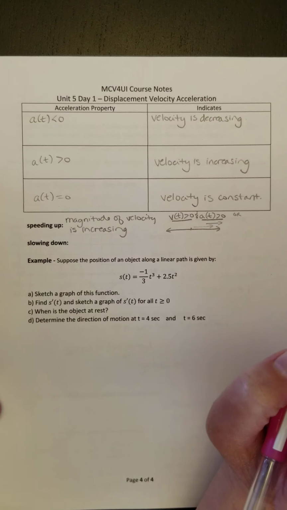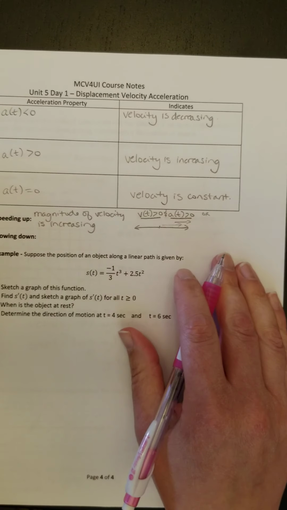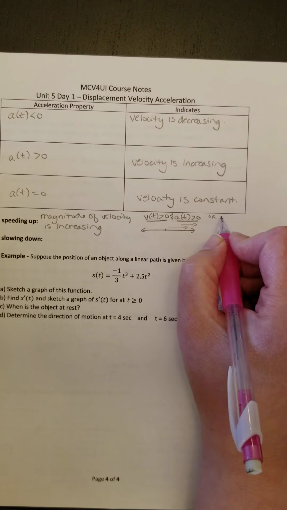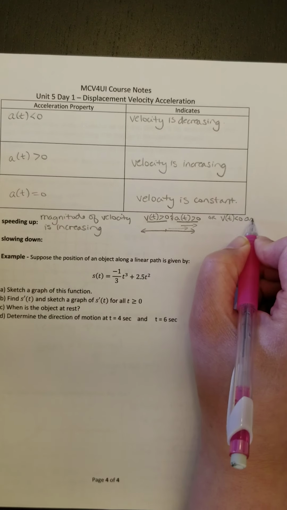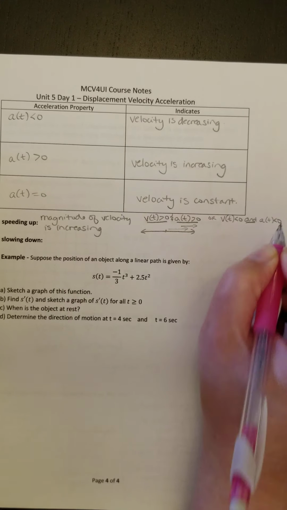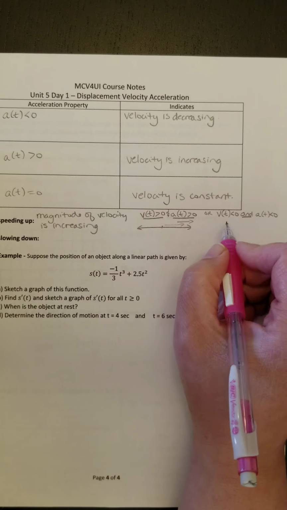Or that can also happen when the opposite is true. So if the velocity is negative and the acceleration is negative. If both of those things are negative, that's also going to make you speed up.